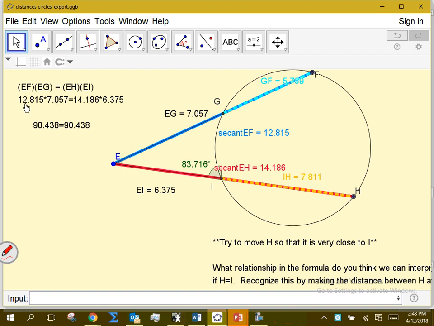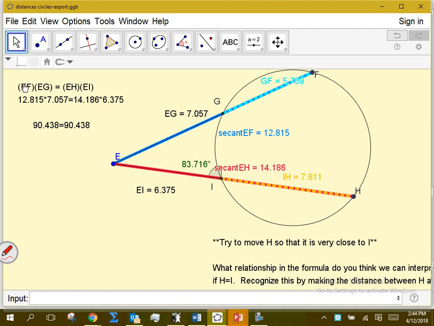So on this side of the equation, I'm taking EF, the entire secant, times the outside part of the blue. And then it's equating to the entire red secant, which would be E all the way to H, multiplied by EI, which is the outside part of the red secant. Does that make sense to everybody?